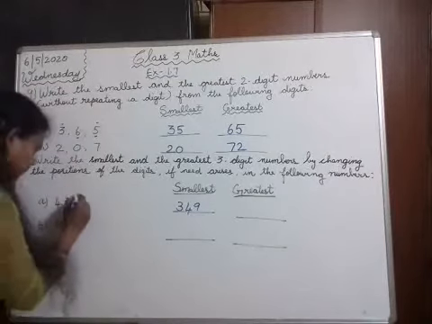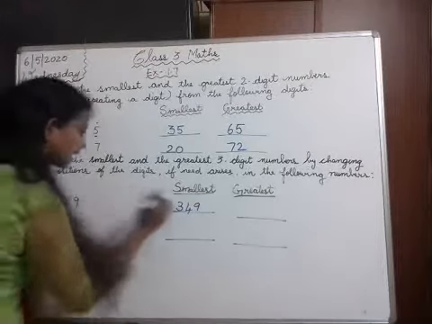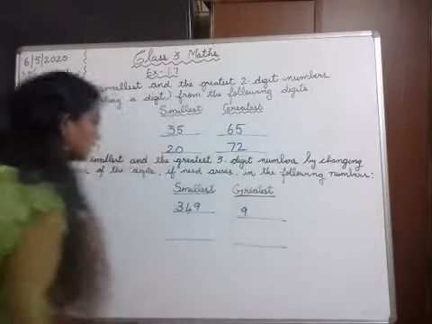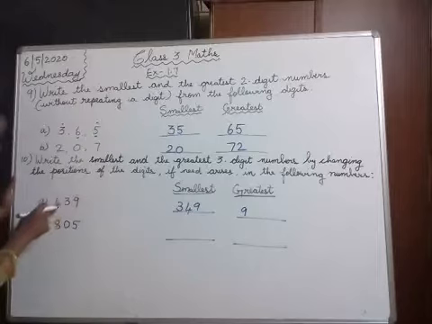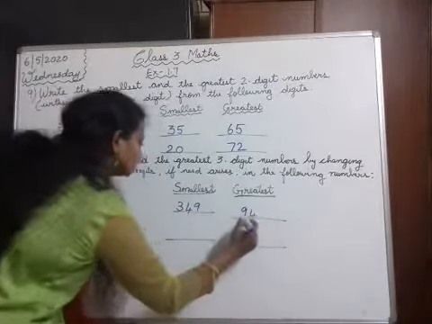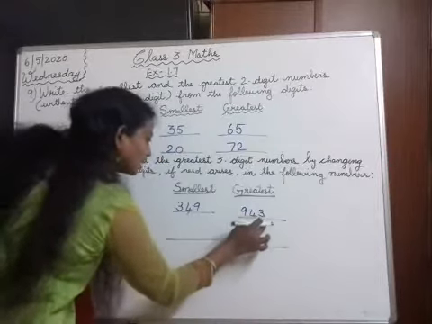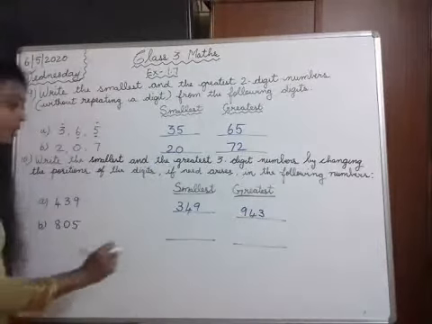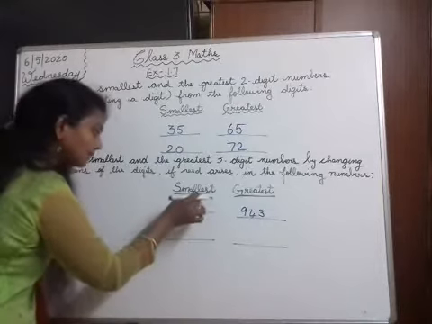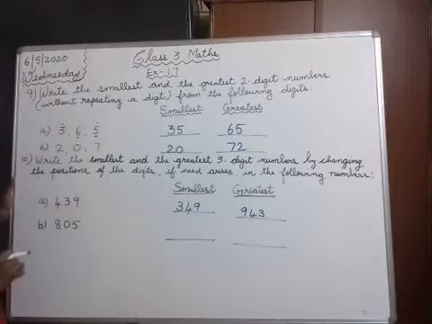So we take the first digit 9, the greatest. After that the next will be 4, next 3. 943 is the greatest three-digit number and 349 is the smallest three-digit number.